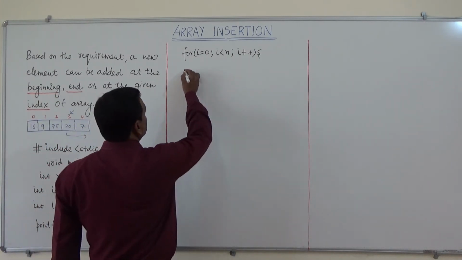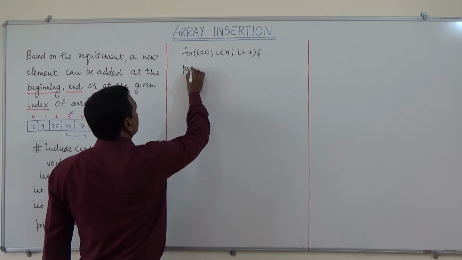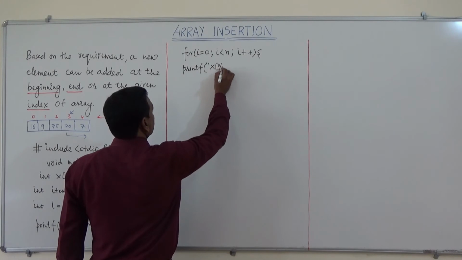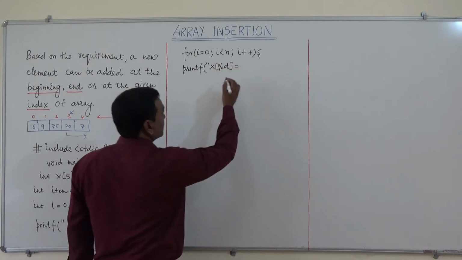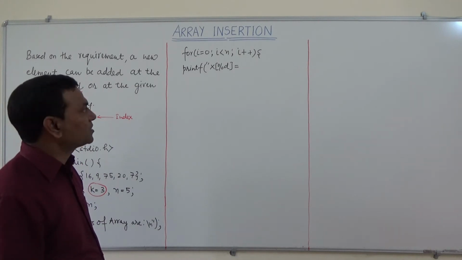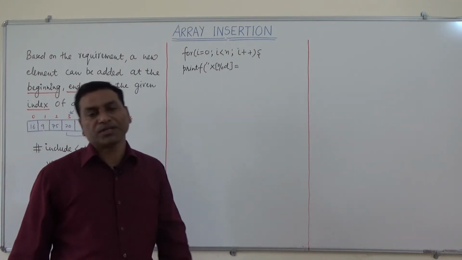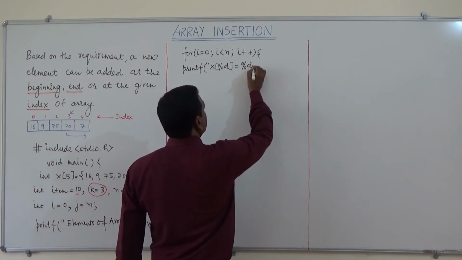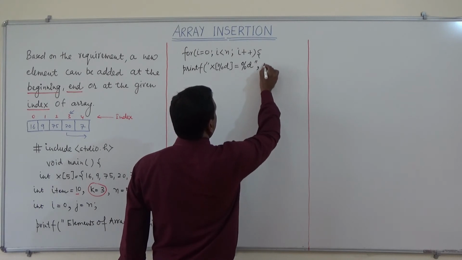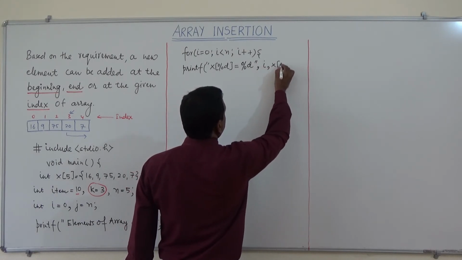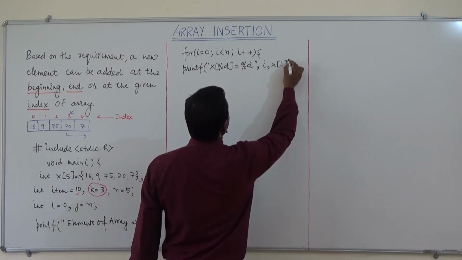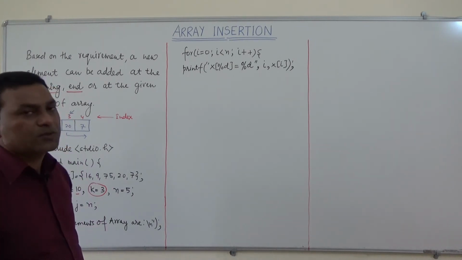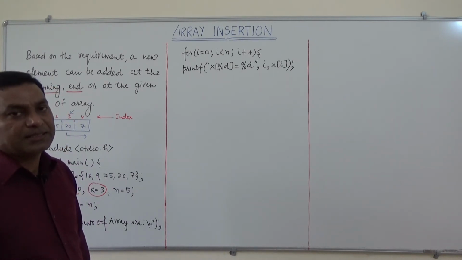We can use a simple printf, x[%d] equals %d. %d stands for decimal integer, because we will print here 0, 1, 2, 3, 4. This is i and this is x[i]. In this way we can print x[0], x[1], x[2], x[3] and x[4].